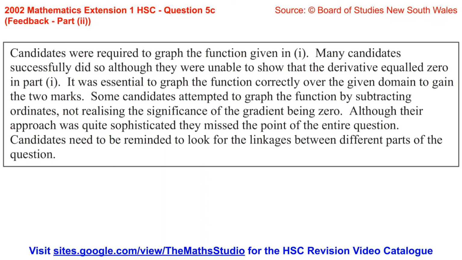It was essential to graph the function correctly over the given domain to gain the 2 marks. Some candidates attempted to graph the function by subtracting ordinates, not realizing the significance of the gradient being 0. Although their approach was quite sophisticated, they missed the point of the entire question. Candidates need to be reminded to look for the linkages between different parts of the question.